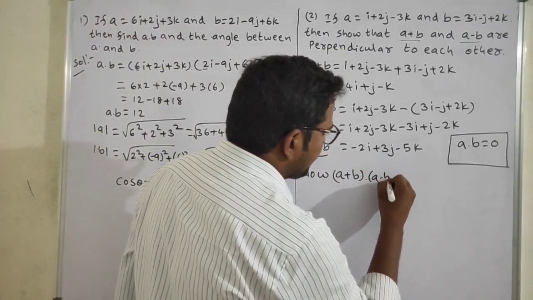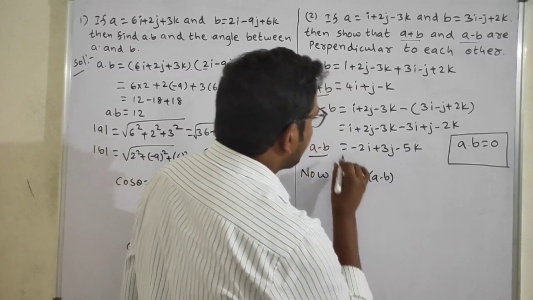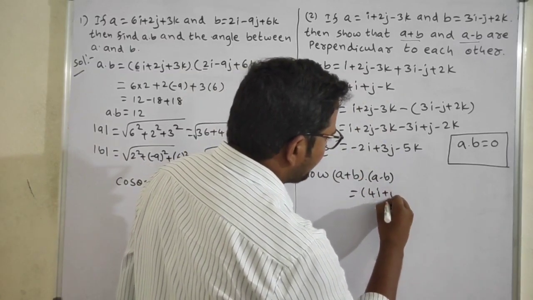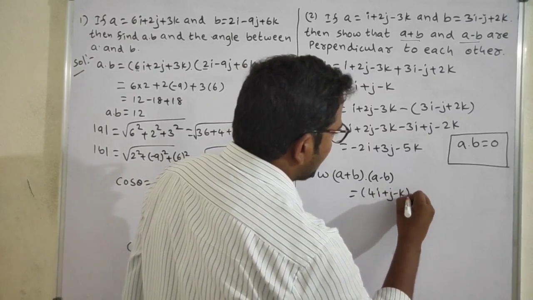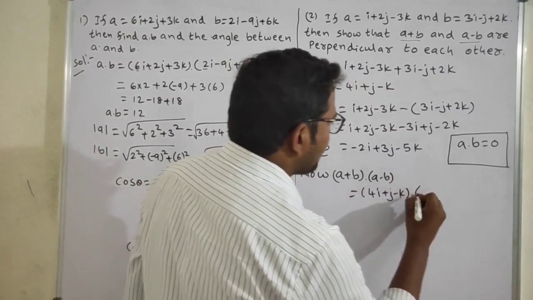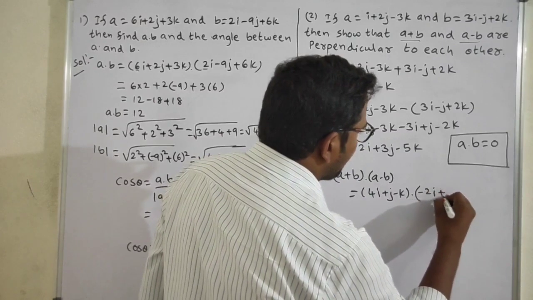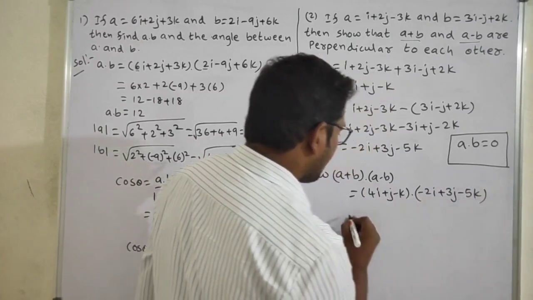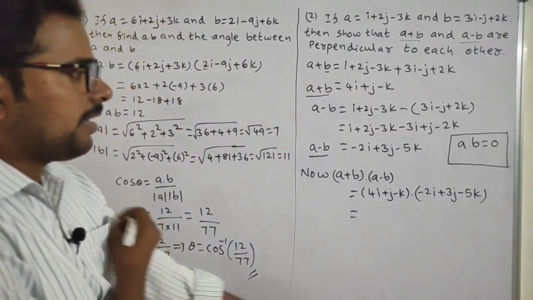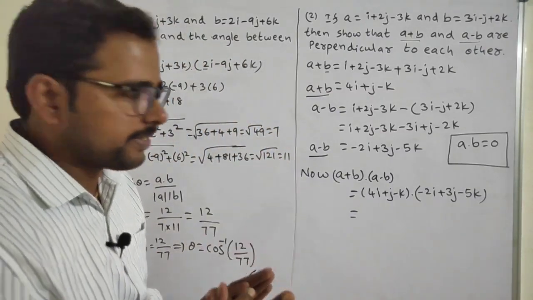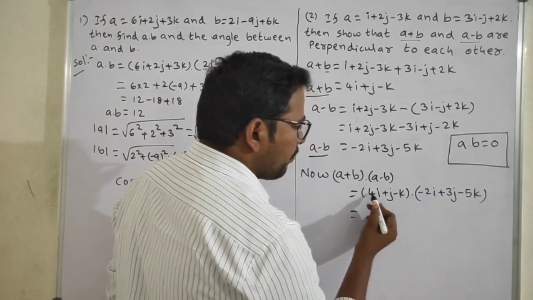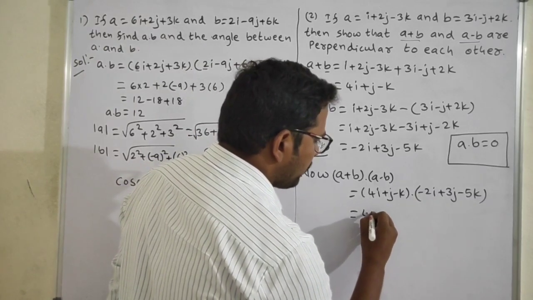What is the A plus B vector? 4I plus J minus K, dot, the A minus B vector, minus 2I plus 3J minus 5K. So do the dot product: I coefficient into I coefficient. The I coefficient here is 4, and the I coefficient there is minus 2. So 4 into minus 2.